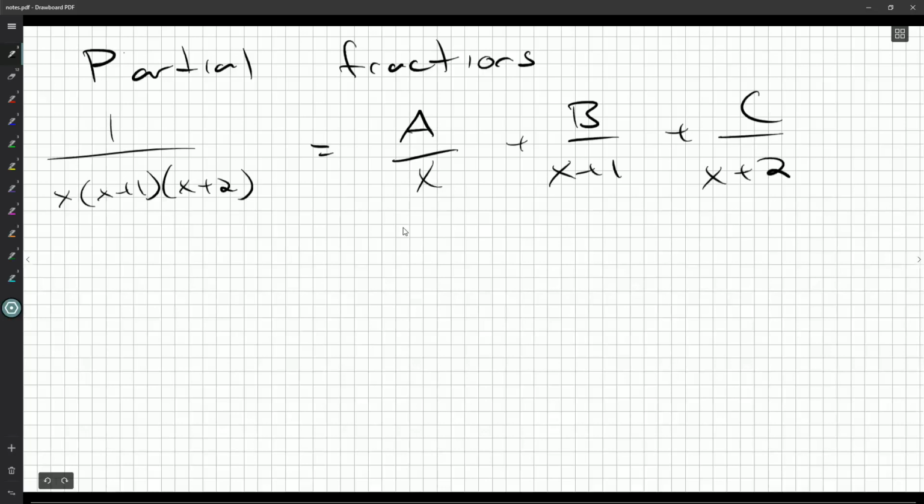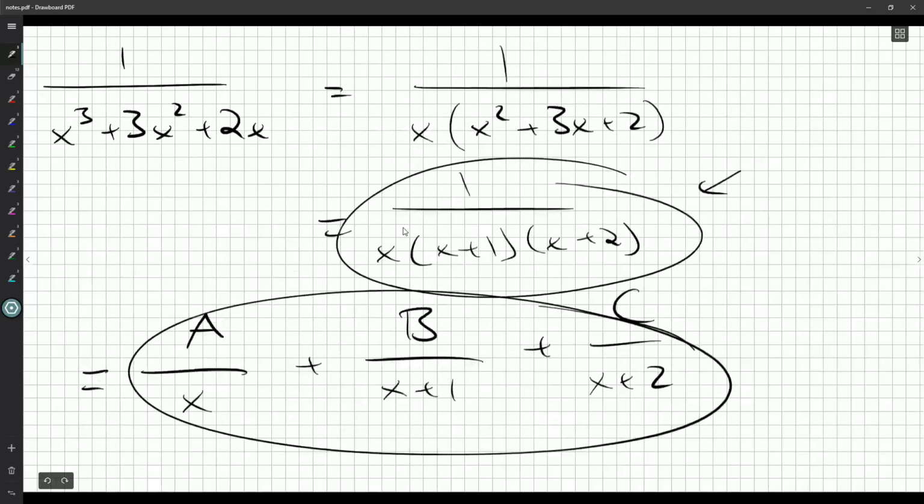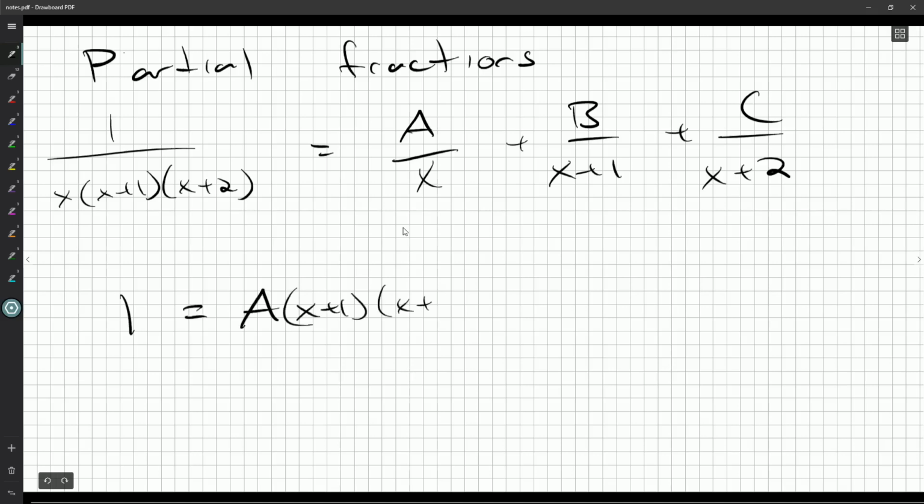If you hadn't seen a question like this one before, or if you hadn't seen partial fractions before, you'd probably be quite lost with this question. Anyways, what I'm going to do is multiply by x times x plus 1 times x plus 2. And that'll leave me... I'll get rid of all the fractions, which is nice.